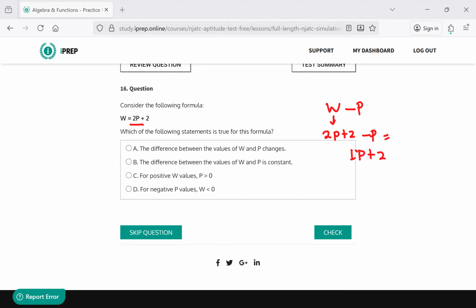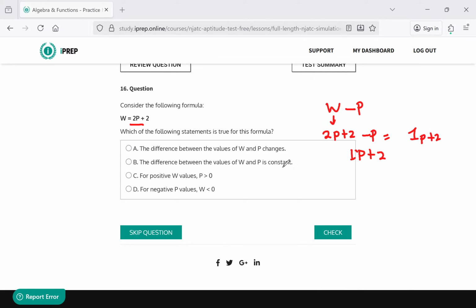So this is 1P plus 2. Well, yeah, the difference between the values of W and P changes. Yes, that's true. Yeah, that's definitely true.